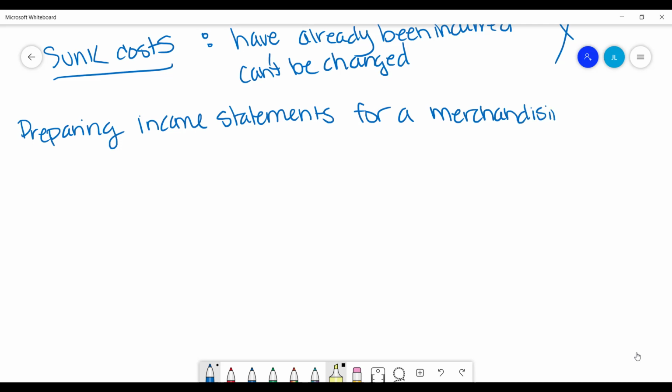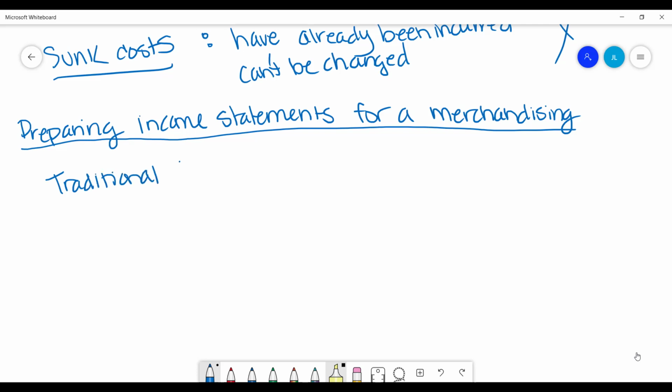This point is added into chapter 1 just as a little preview, really, of what we'll be doing later on, okay? But those different kinds of cost classifications that we looked at will be applicable to the different ways of setting up an income statement. So we have the traditional format, which we are all familiar with and we should refamiliarize ourselves with from accounting 2.